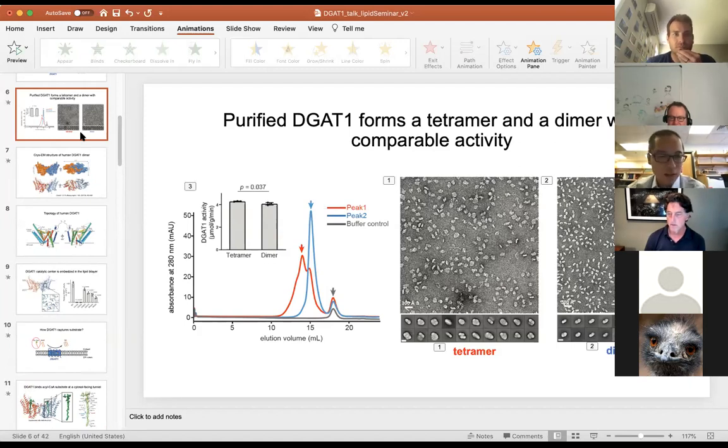Oh yeah, so the organization has been long proposed for the activity regulation. Several papers published before say the tetramer is less active, and the dimer is the physiological oligomer. In our structure, we haven't looked into this, but if you look at the ACAT structure published recently, they solved a tetramer structure, where the lateral gate is somehow blocked by the neighboring dimer.